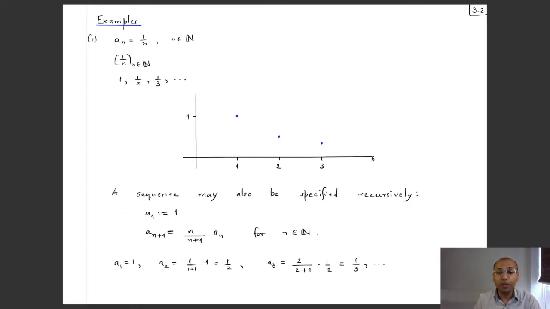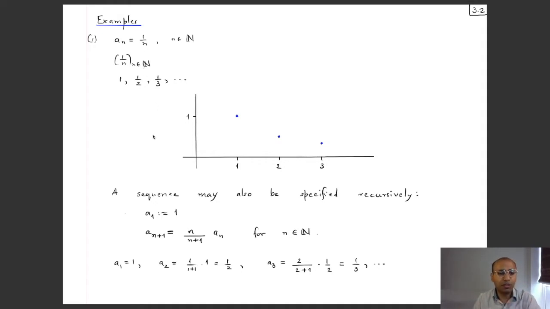Now, a sequence may also be specified recursively, in which we specify the first term or the first few terms and give a rule of how, given a certain bunch of terms, you can calculate the next term in that sequence using these preceding terms.